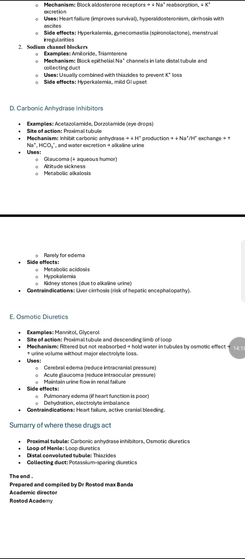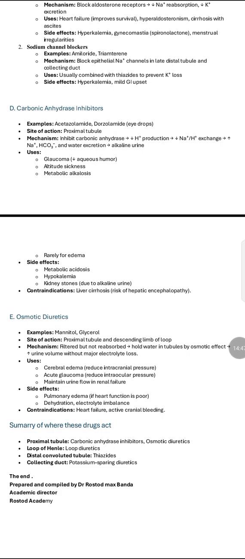These inhibit carbonic anhydrase. Okay, carbonic anhydrase. This will reduce hydrogen ion production. Then there is reduced sodium-hydrogen exchange, so sodium, bicarbonate and water excretion will now be promoted.